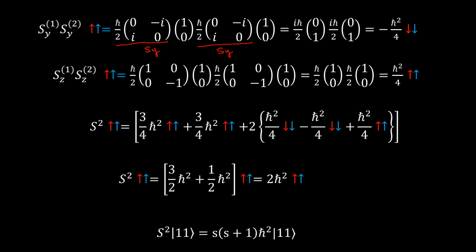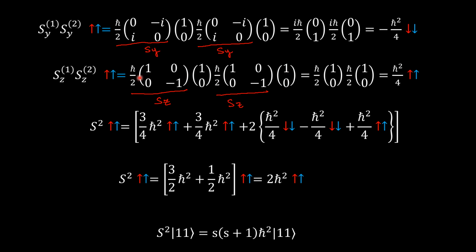So the Pauli matrix SZ is equal to ħ/2 times [1, 0; 0, -1], which acts on the spin up state, that is the column matrix [1, 0]. Similarly SZ2 acts on this proton; 1 is for electron, 2 is for proton. So the same matrix, that is ħ/2 times [1, 0; 0, -1], the SZ matrix. So these two matrices act on the spin up state, that is [1, 0] and [1, 0].